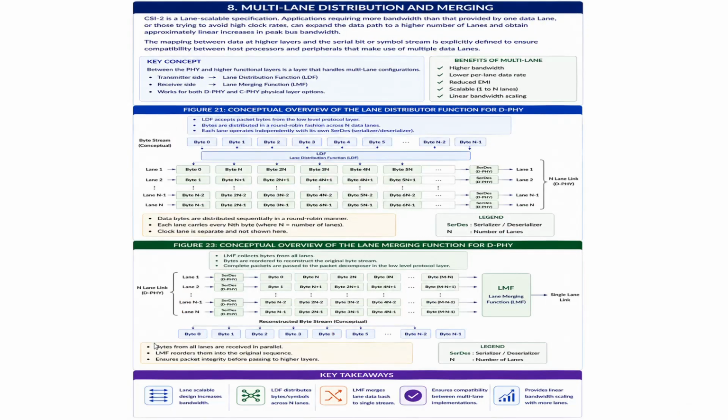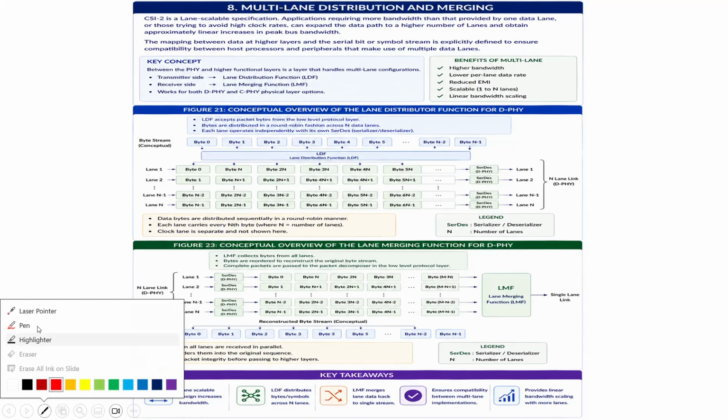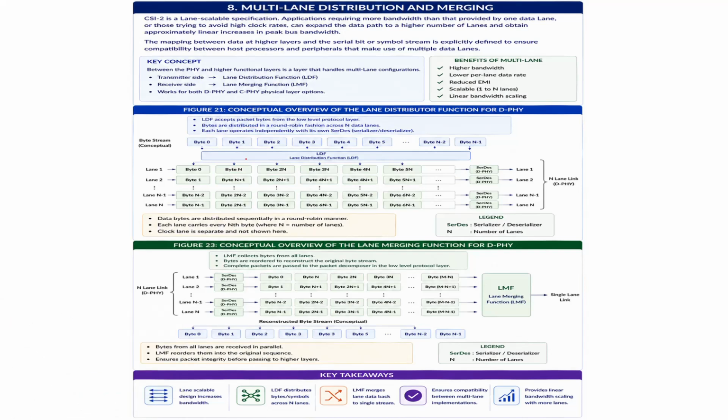Distribution means we are distributing across the different lanes. Byte words are there, so different byte lanes are there. Each byte lane transmits from the transmitting side to the receiver side in a different manner, right? So we are transmitting the data from the transmitter side to the receiver side.